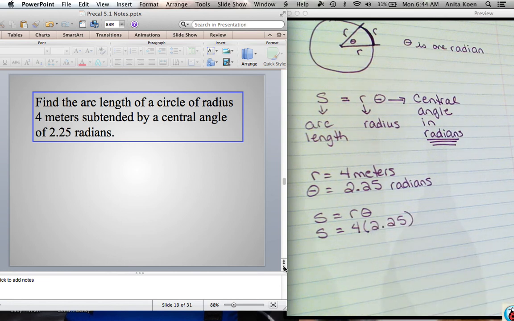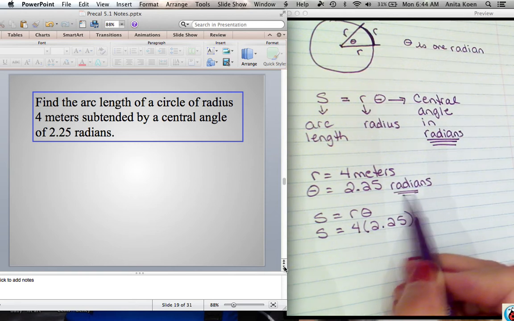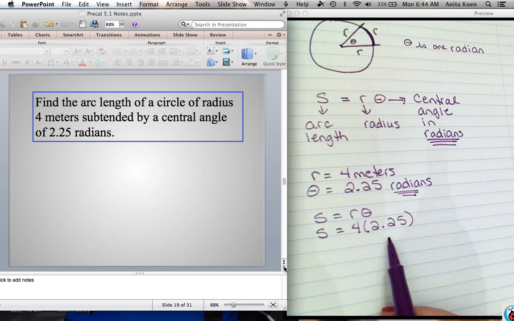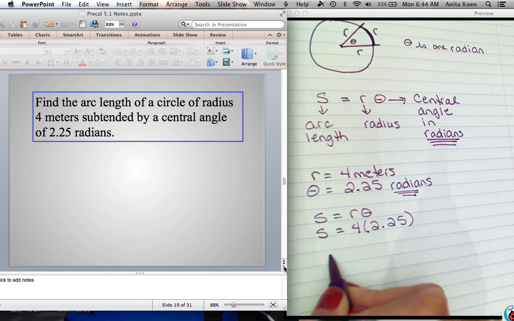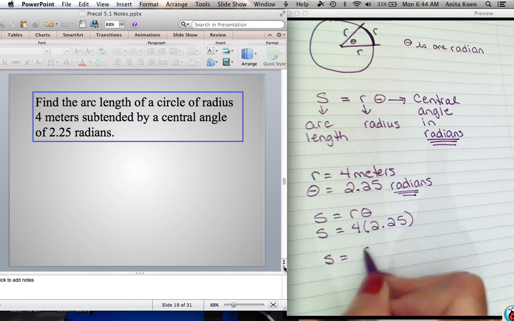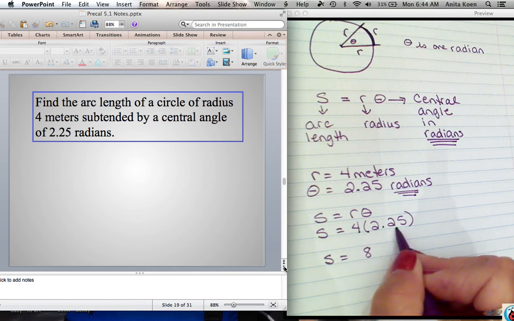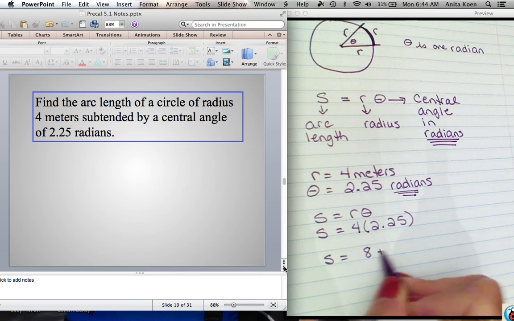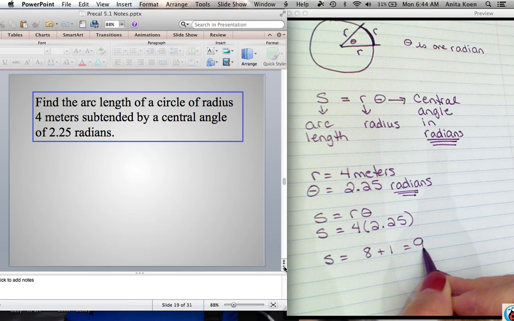Now we are very lucky here because we can see that our theta is in radians, so we don't have to worry about this. We can just multiply these two together. So S is 4 times 2, and this is how I do this without my calculator. 4 times 2 is 8, and then 4 times 0.25 is 1 more, so 8 plus 1 is 9.